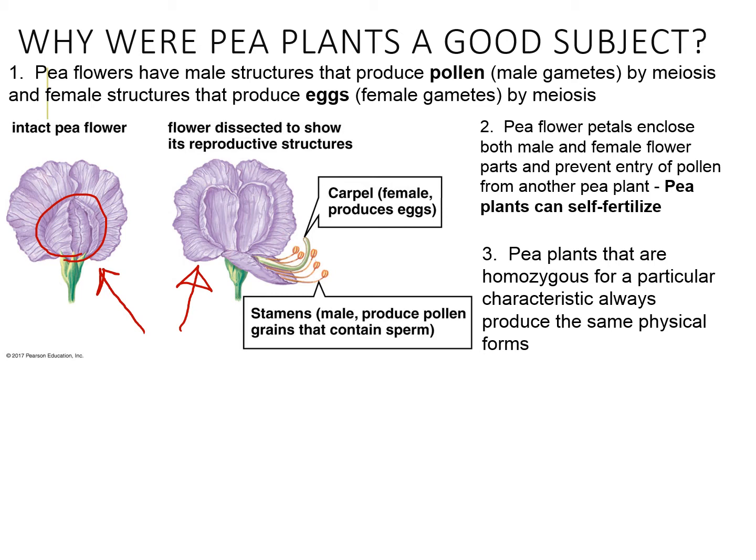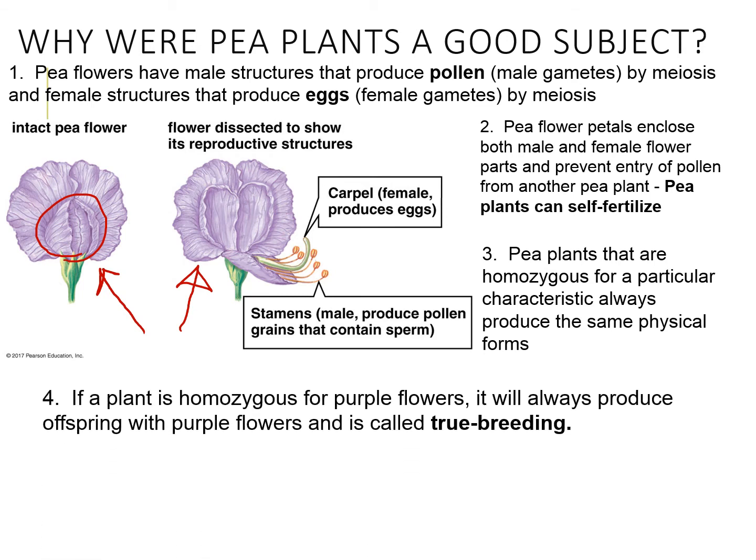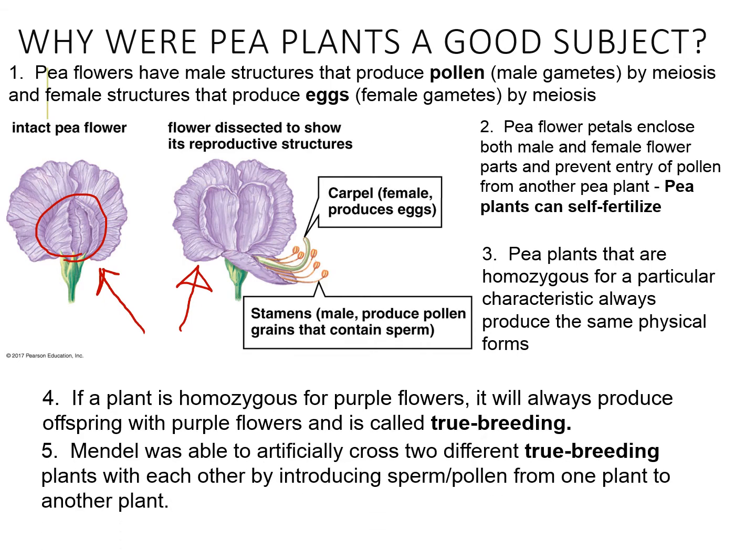And if they're both pure breeding, he knows that any differences in the offspring are going to be a result of the hybridization of the two different plants. Number four, if a plant is homozygous for purple flowers, it will always produce offspring with purple flowers, and it's called true breeding. Sorry, I already said that, didn't I?